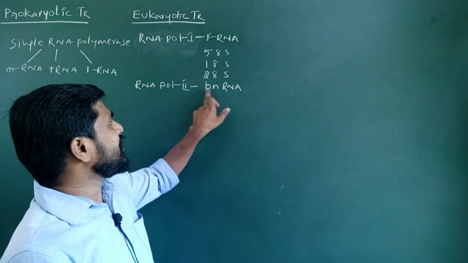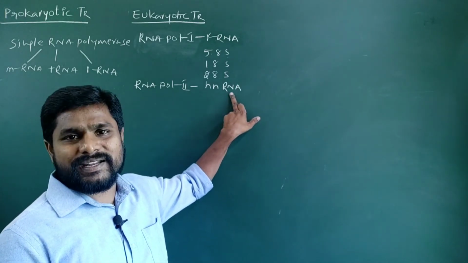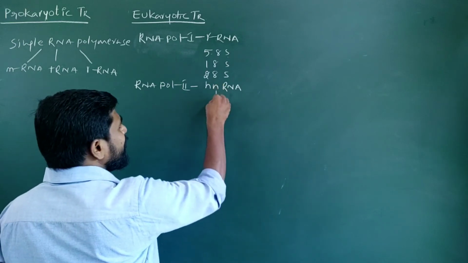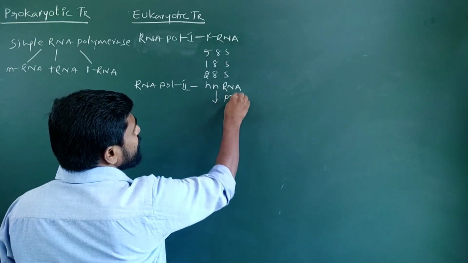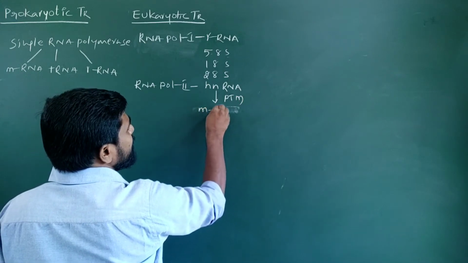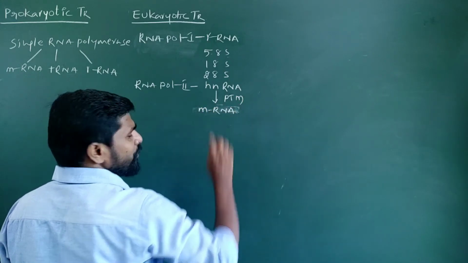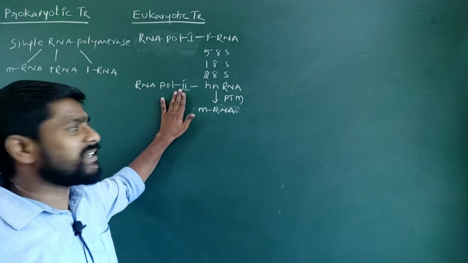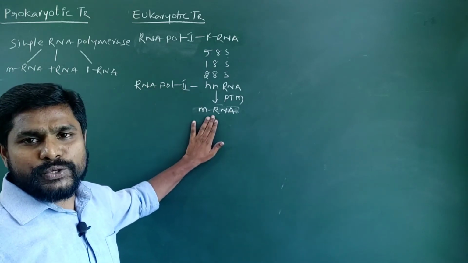Hence the name heterogeneous nuclear RNA. By undergoing post-transcriptional modification, this heterogeneous nuclear RNA becomes a mature functional mRNA molecule. The conclusion is that RNA polymerase 2 transcribes mRNA molecules.